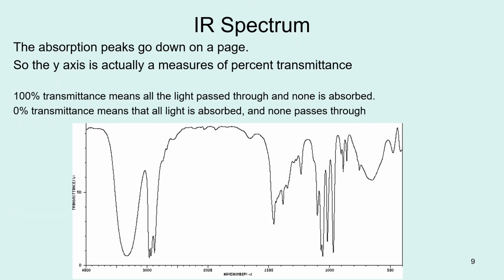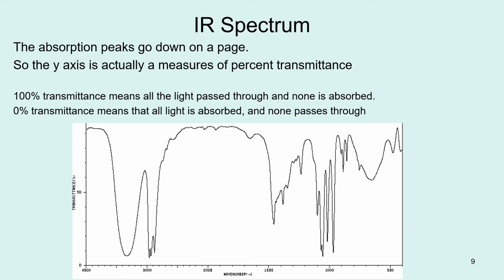Okay, and this is what a typical IR spectrum looks like. Even though we talked about how much is being absorbed, like I said in the last slide, we actually are looking at percent transmittance. As I said earlier, it's kind of the opposite of absorption. Since absorption is kind of coming down this way, right here, this means that at this wavelength a lot was absorbed, or very little was transmitted. 100% transmittance would be up here, and that would mean that nothing was absorbed.